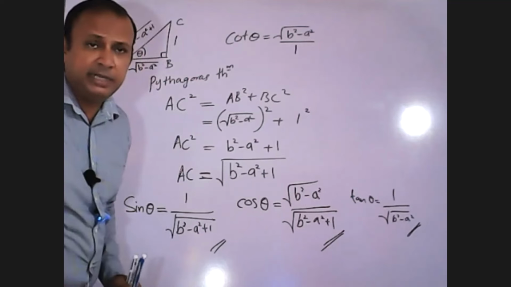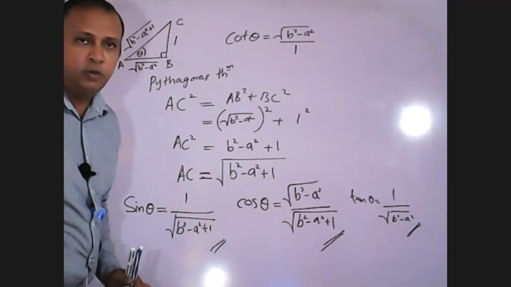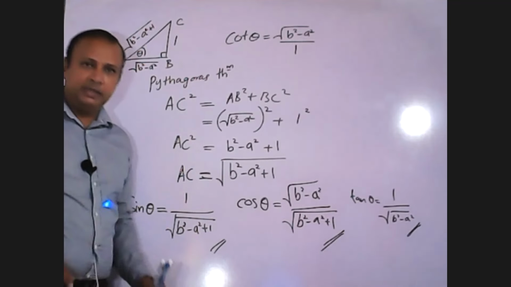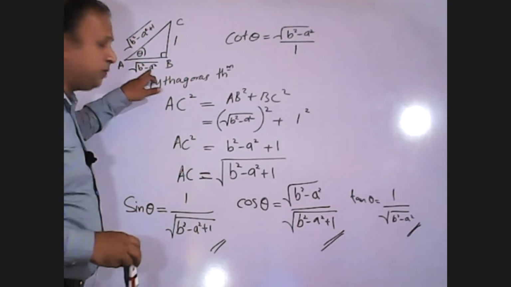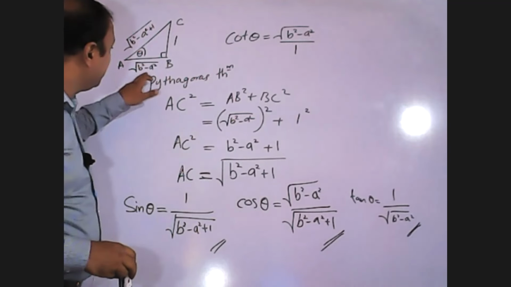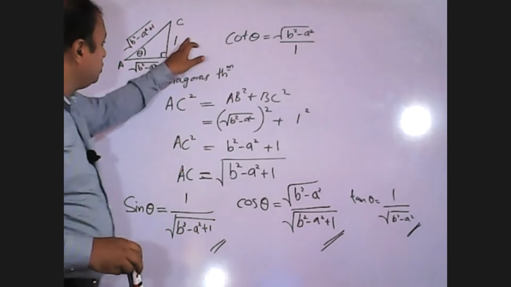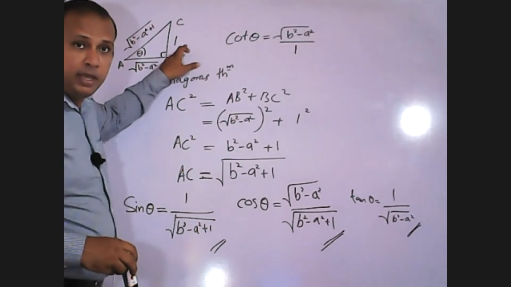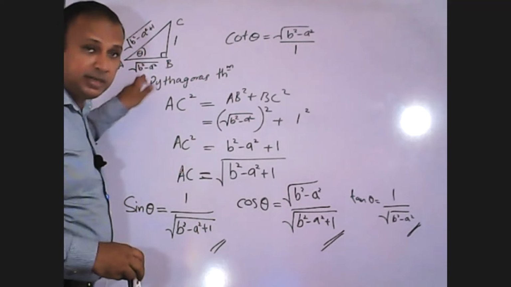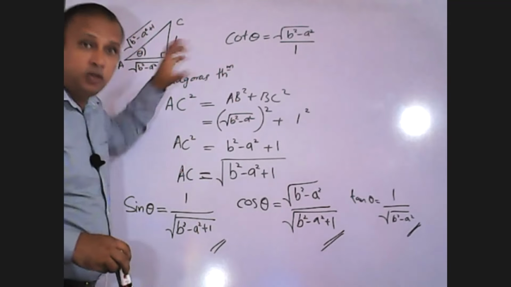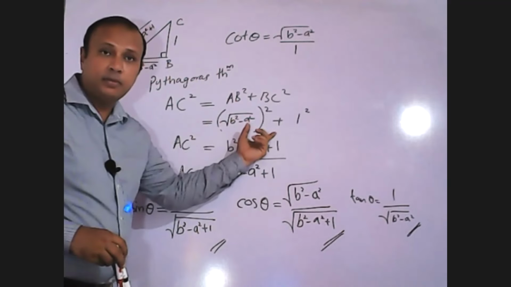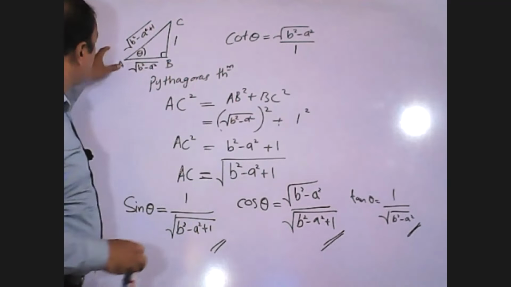Just apply the Pythagoras theorem. When you apply the Pythagoras theorem, you take the square of this side and the square of this side, and both should be added. This is equal to the square of AC.